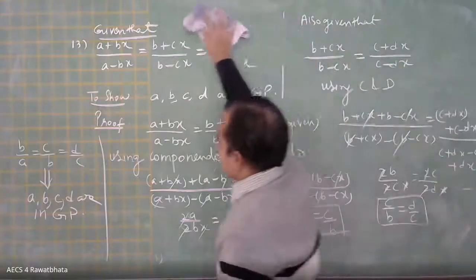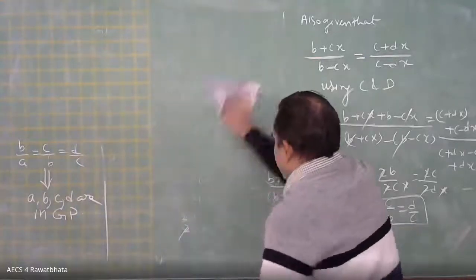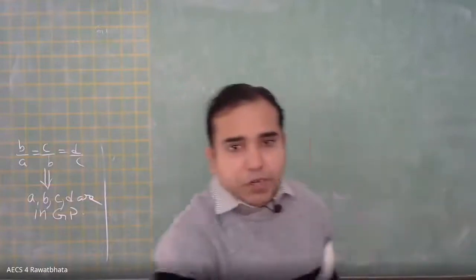Let S be the sum, P the product, and R the sum of reciprocals of n terms in a GP. Okay. S, P, and R are given. Prove that P squared R to the power n equals S to the power n. One minute, Uma.